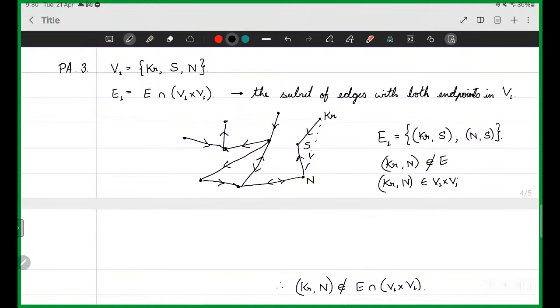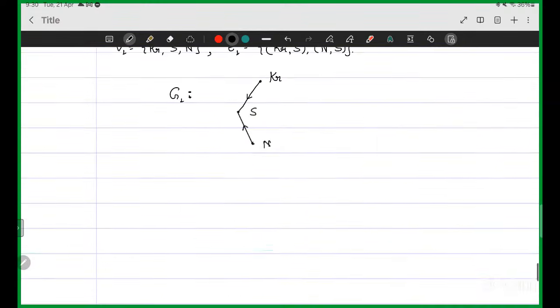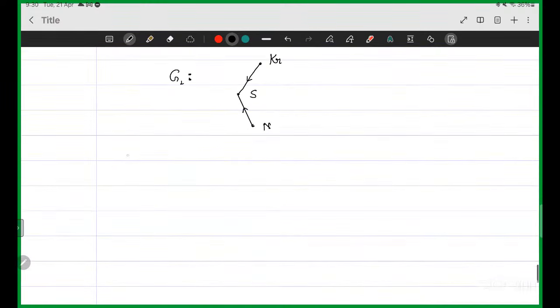When it comes to the V1 cross V1 part, I'm not clear about it, maybe I have missed something you explained. Could you please explain that further? V1 cross V1 is just the whole Cartesian product, right? V1 cross V1 is just {K R, S, N} cross {K R, S, N}.